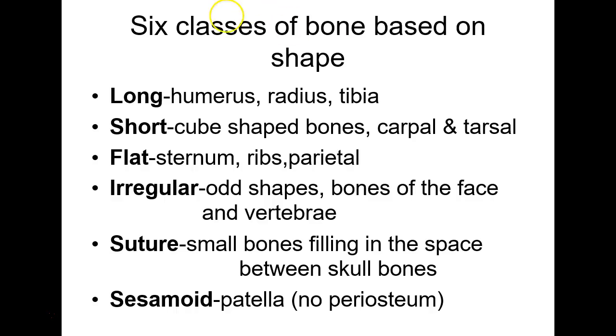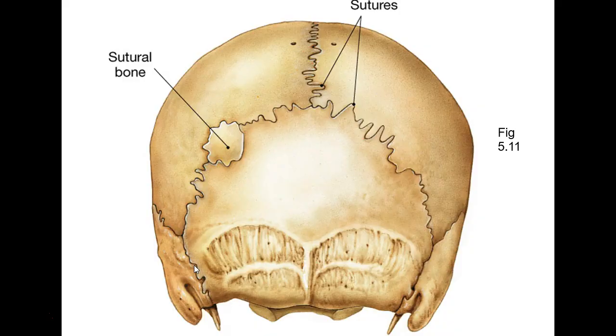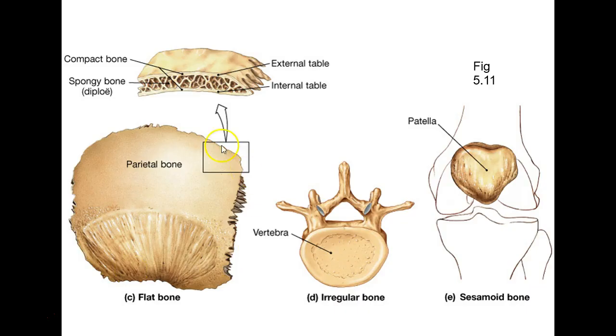Remember: long, short, flat, irregular, sutural, and sesamoid. Flat bones, I know they have a little curve to them here. Mainly when I talk about flat bones, I'm talking about flat bones of the skull. But are there other flat bones, like your sternum? Yes. That distinction will become important when we talk about how they ossify, how they develop.